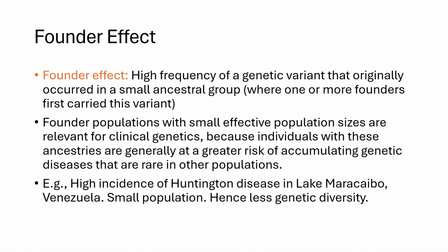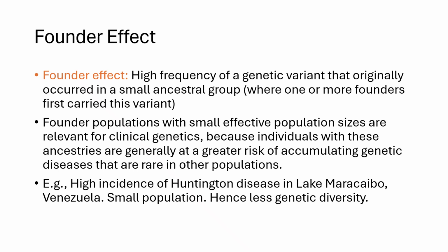As I was saying earlier, if there's a small population where there was a founder who started having a particular gene variant or a mutation, then all of their offspring, and hence the offspring's offspring and anyone who partners within that small population can all accumulate the same type of genetic variant, and hence there might be a higher incidence of a particular genetic disease.